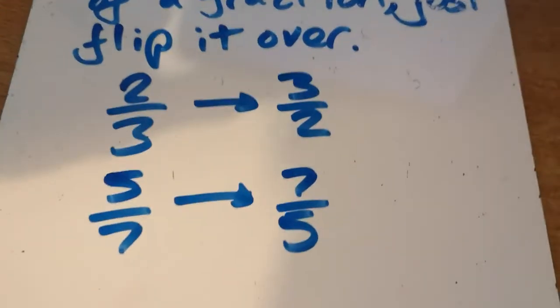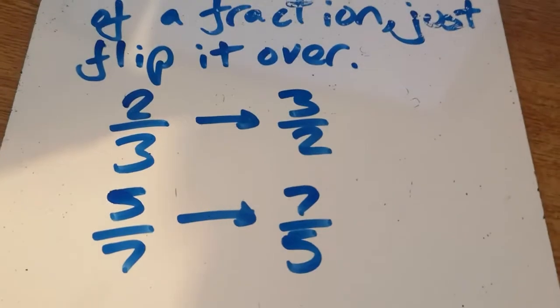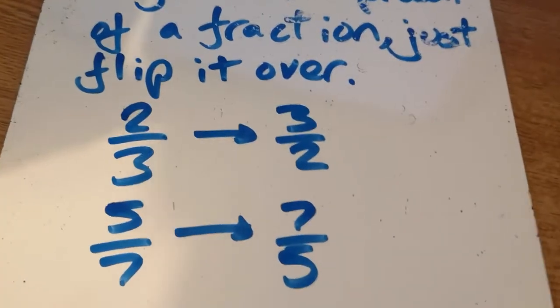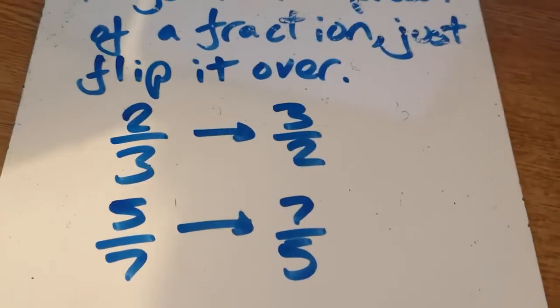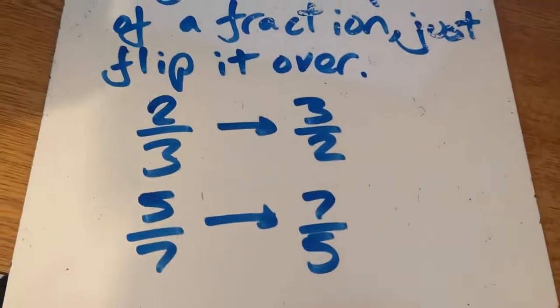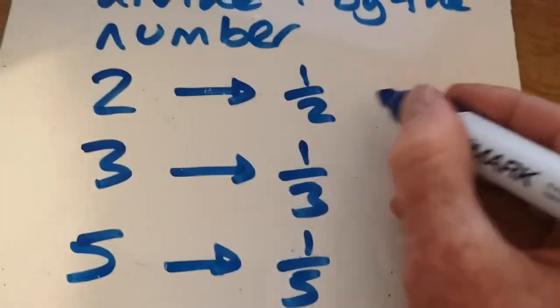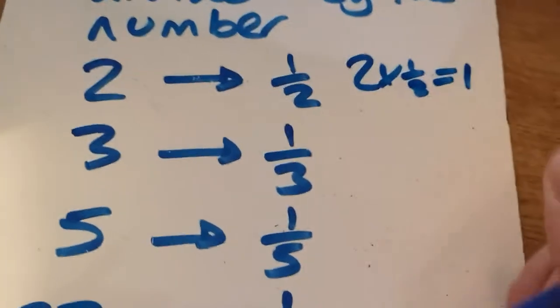Now, two interesting things you need to be aware of when it comes to reciprocals. One thing you can see is when you multiply the reciprocal by the original number, you're going to end up with 1. It will always end up being 1. So if you look at these previous examples, 2 lots of a half would obviously equal 1.